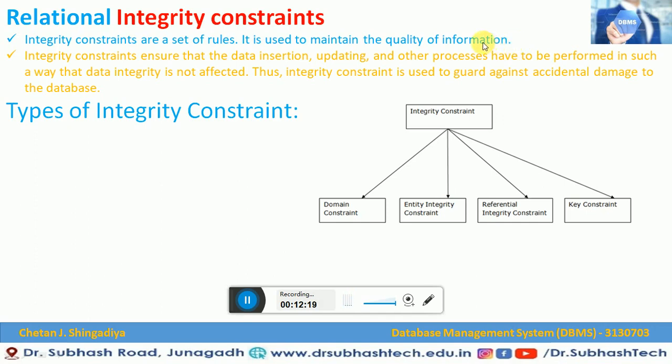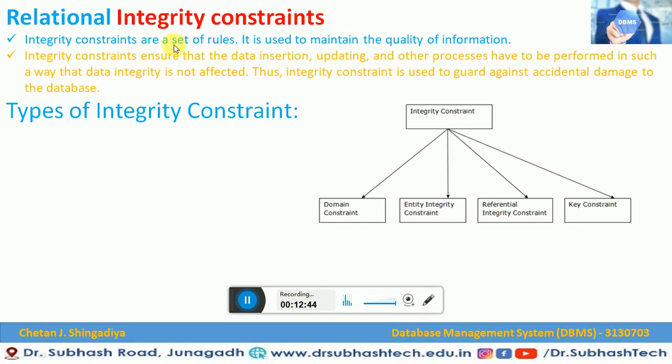Integrity constraints ensure that data insertion, that means whatever records we are inserting in the table, updating and other processes are performed in such a way that data integrity is not affected. So that is the main use of an integrity constraint.